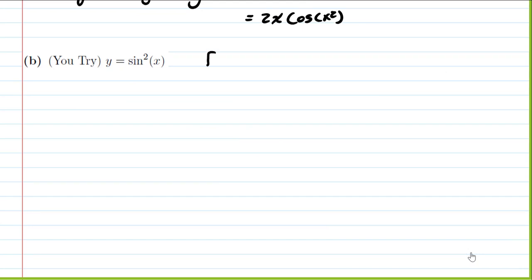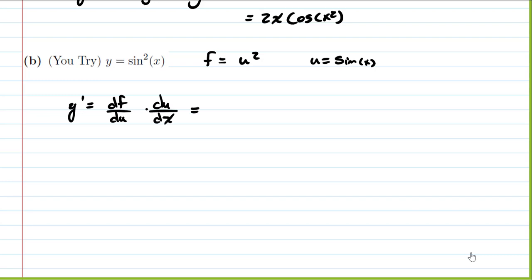All right, so we had f equals u squared, and u equals sine x. Then y prime is going to be df du times du dx. The derivative of u squared is 2u times the derivative of u with respect to x, the derivative of sine, which is cosine.